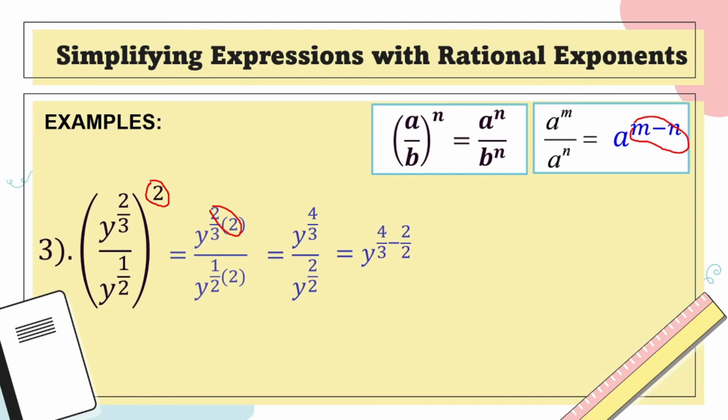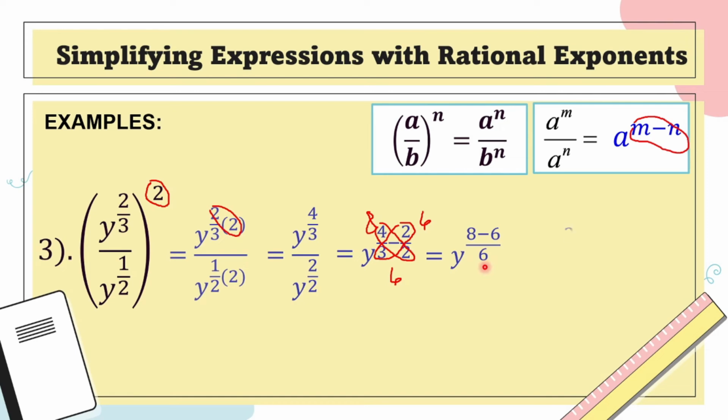So, 4 over 3 minus 2 over 2. The denominators are different again, so we use the butterfly method. 4 times 2, that is 8. Then 2 times 3, that is 6. Then 3 times 2, that is 6. We just take this 6 as the denominator. So we get y raised to 8 minus 6 divided by 6.